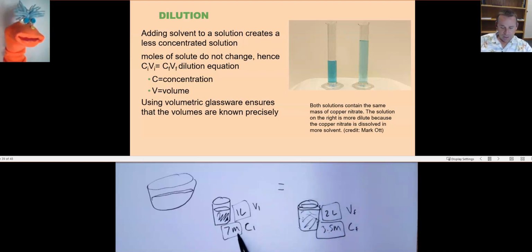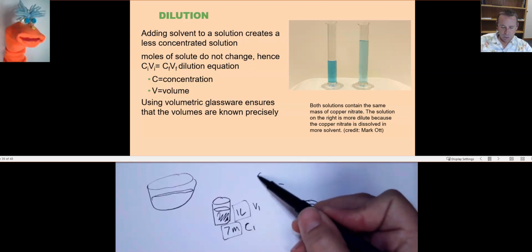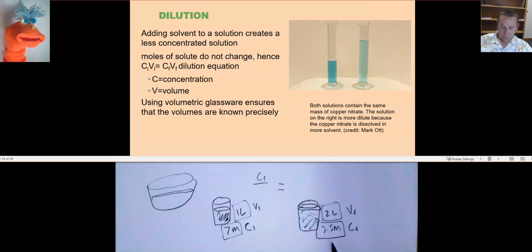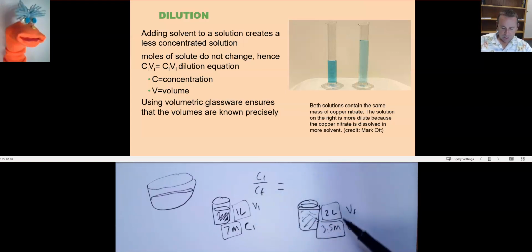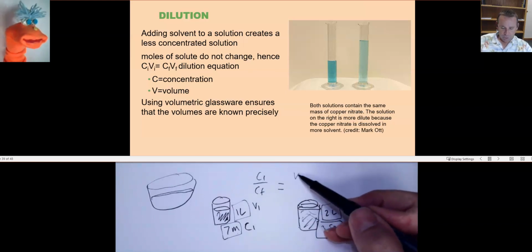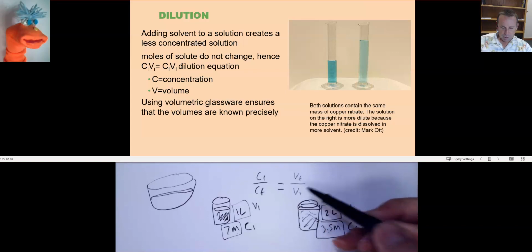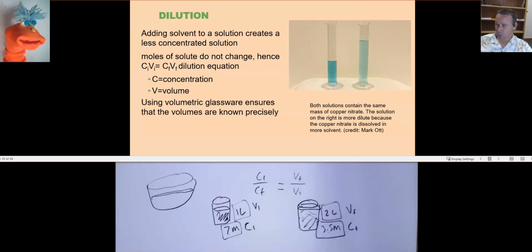It looks like C1 divided by CF, 7 divided by 3.5, would be the same as 2 divided by 1, right? Can you see that? So C initial divided by C final equals what? VF divided by V1, or V initial, that's right.